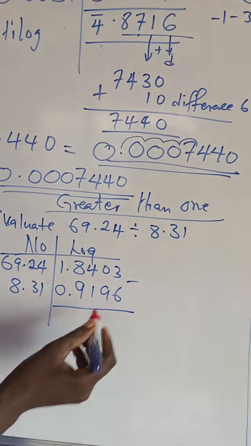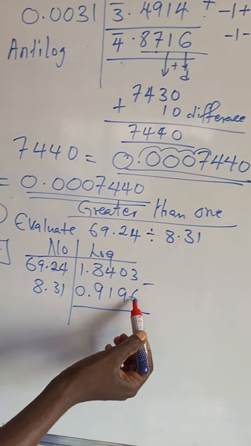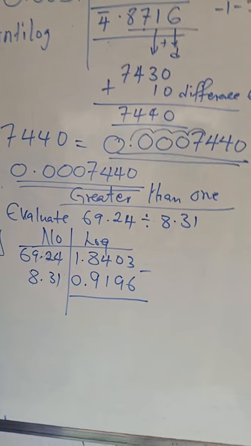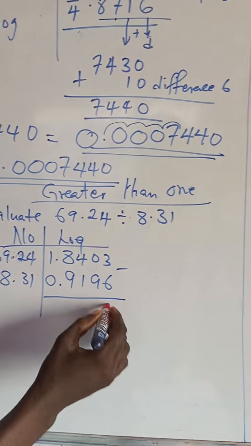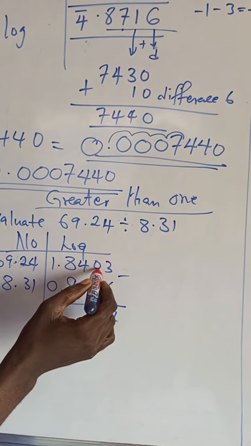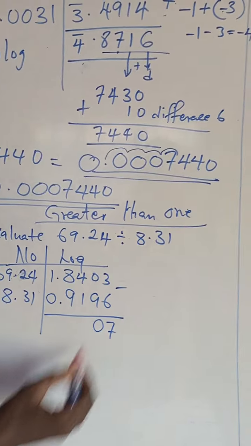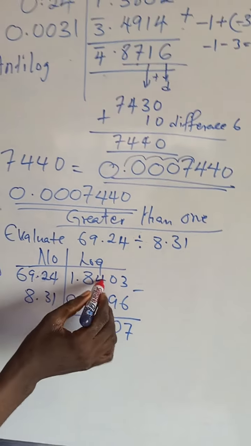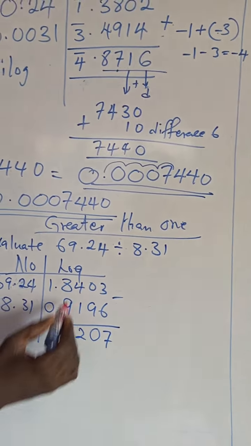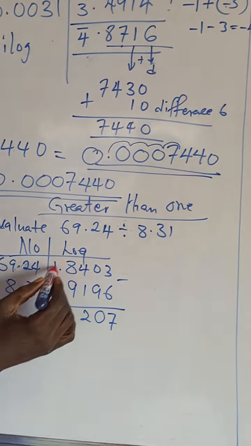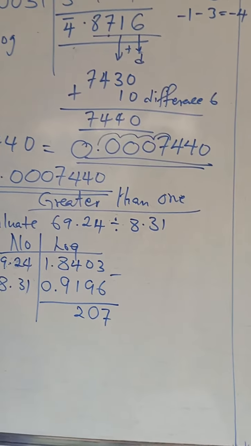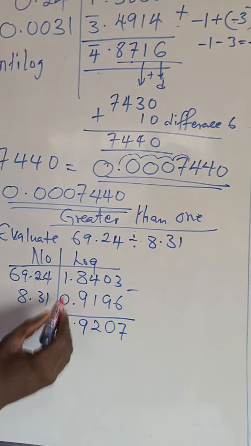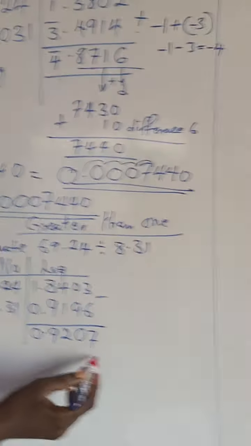Let's subtract. This one will be 13 minus 6, which gives us 7. This one, of course, will be 9. That's 0. This one will be 3. That's 2. And this one, 1 here, that's 18, and that will be 9. This one will give us 0. That is our subtraction.